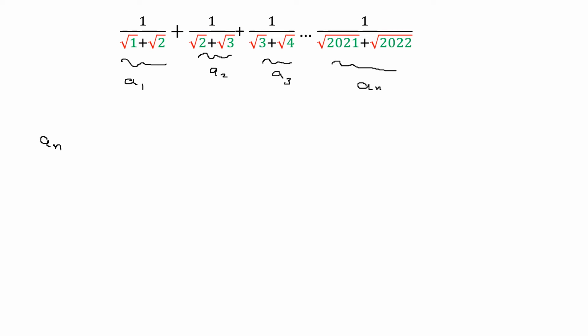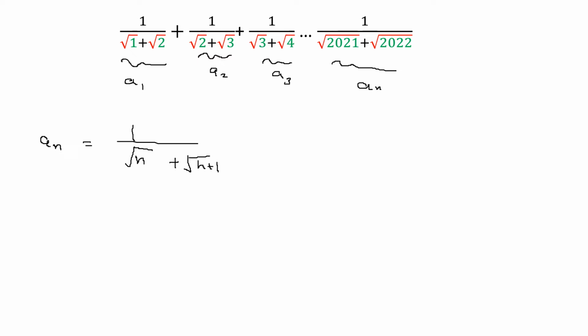If we look at the pattern and try to find a general formula, then a_n can be written as 1 over square root of n plus square root of n plus 1. So how can we do this? We can rationalize this fraction.